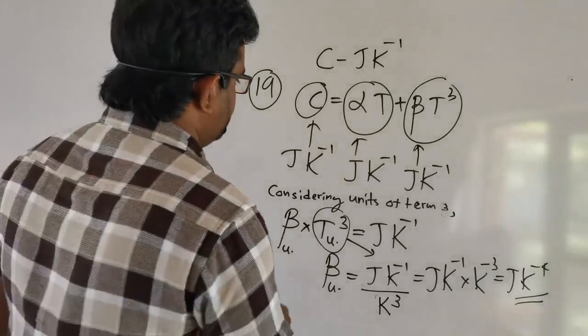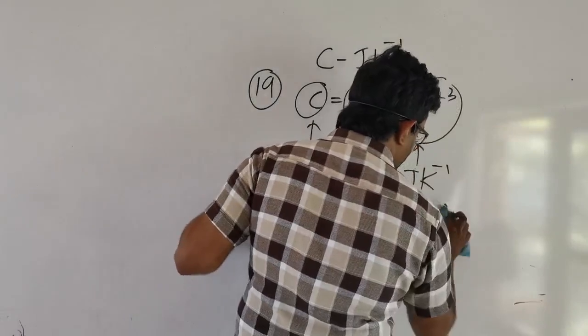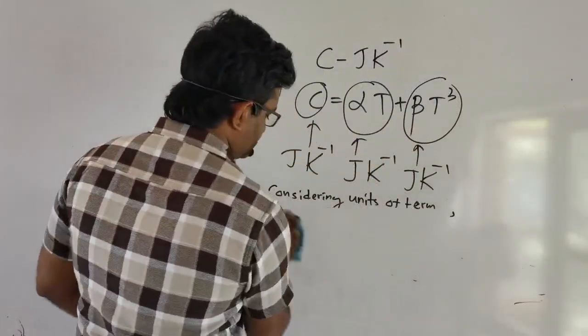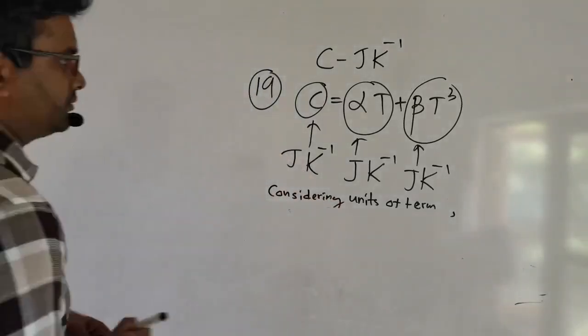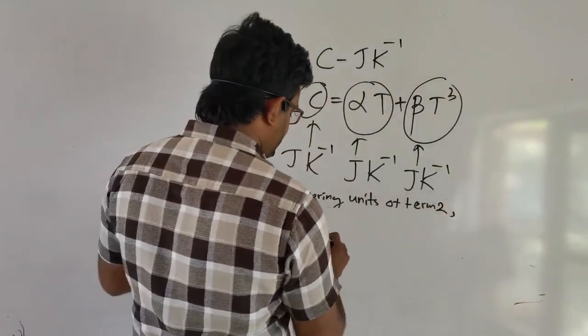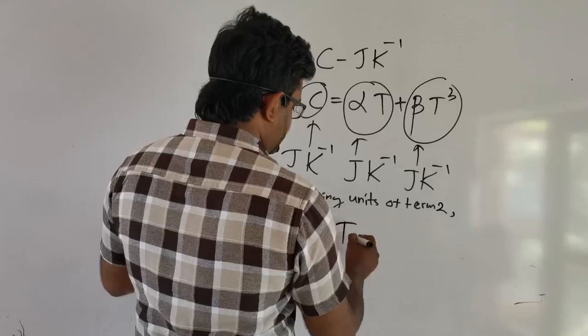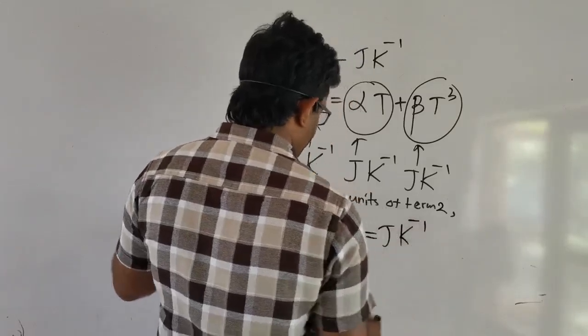Then we can consider term number 2. Units of alpha into units of T equals J K minus 1.